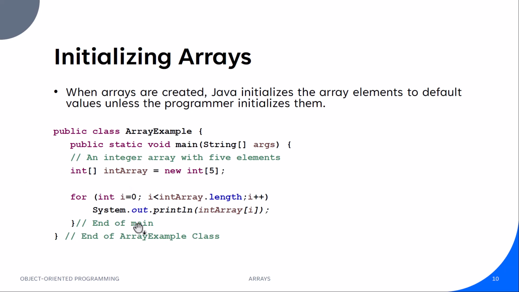Now we have a for loop, and within the for loop, we are going to print the values of the array elements. And we are also seeing the use of length property of the array object. So within array.length, we can get the length of this array, which is 5 in this case.